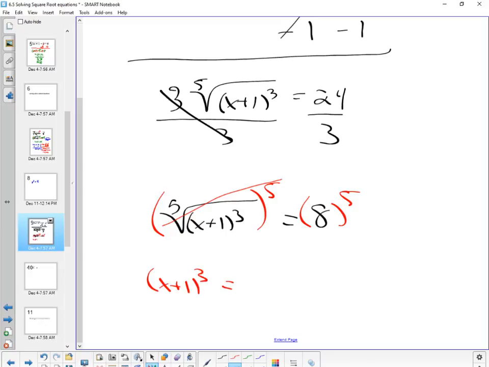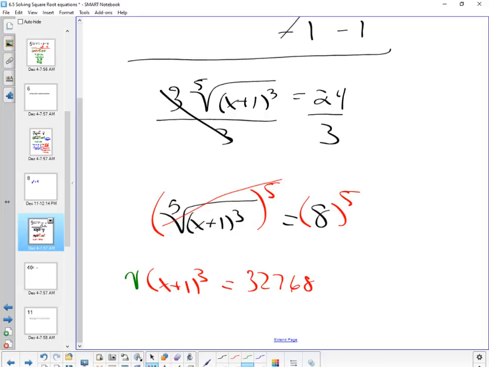I'm going to use my handy dandy calculator. I'm not doing that in my head. Even if I try, it's going to be wrong. 3, 2, 7, 6, 8. Yeah, it's huge. And then to get rid of this 3rd power, I can take the cube root.